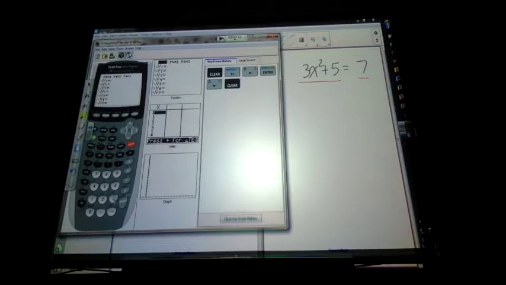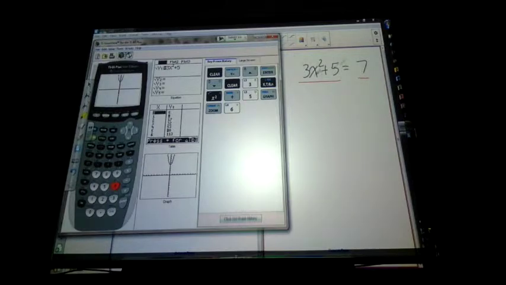I'm going to graph 3x squared plus 5. And I'm going to graph it. So this is what our equation looks like. Let's do a zoom standard, which is zoom 6. So that's what this part of the equation looks like right here.